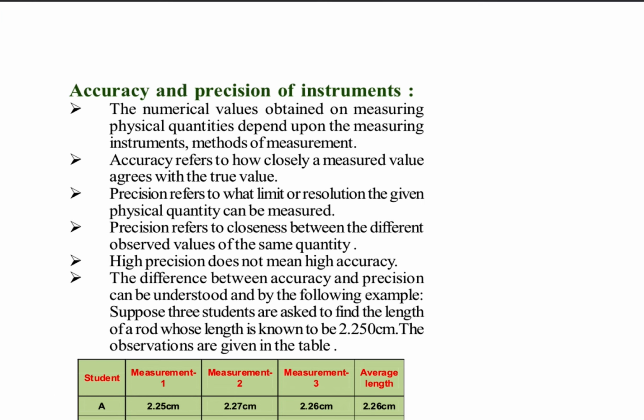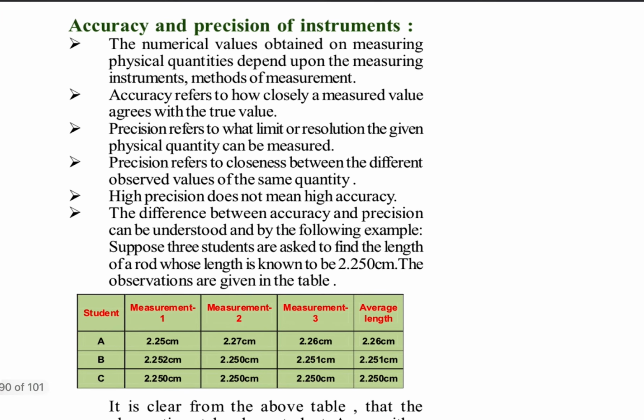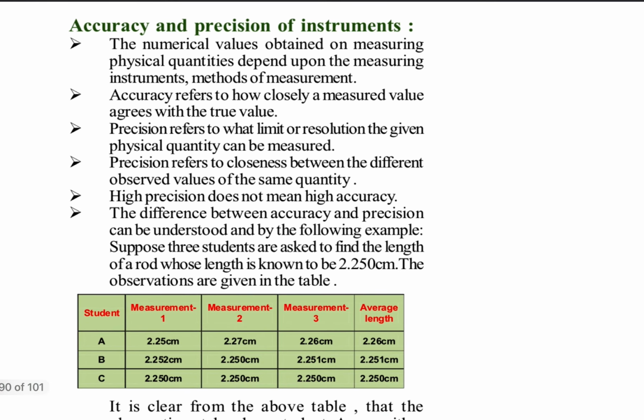Observe this carefully: what are accuracy and precision? Now I will give more examples and the relation also. Here is accuracy and precision of instruments. The numerical values obtained on measuring physical quantities depend on the measuring instruments and methods of measurement. Accuracy refers to how closely the measured value agrees with the true value.